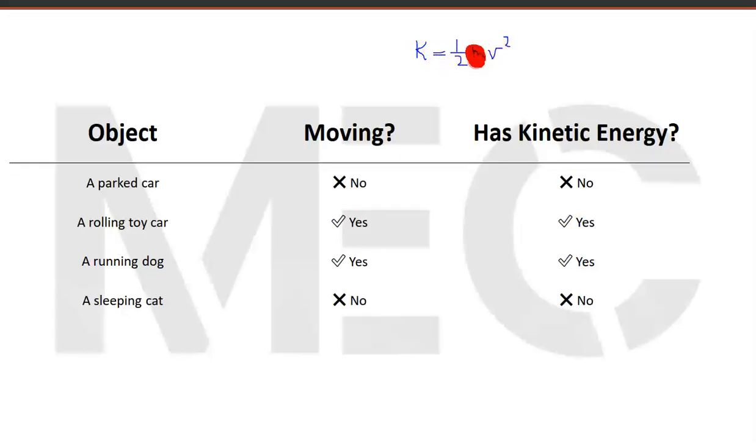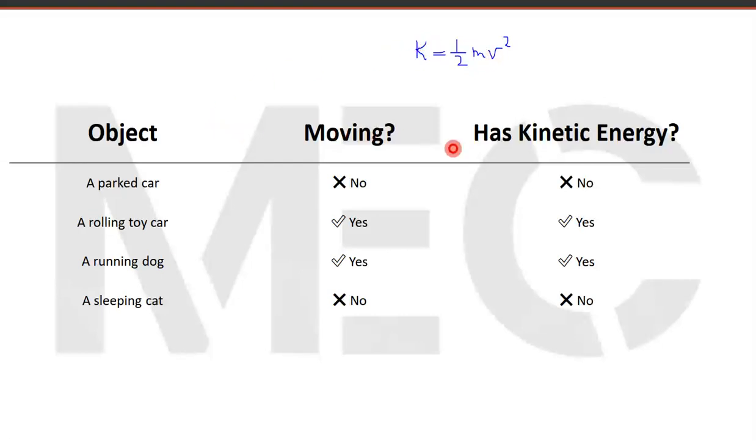Can the mass be zero? No. Even the tiniest particles have mass. For example, a particle of gas has mass. So mass cannot be zero. The only way we can make K zero is if v is zero. When the speed is zero or the object is motionless, the kinetic energy is zero.